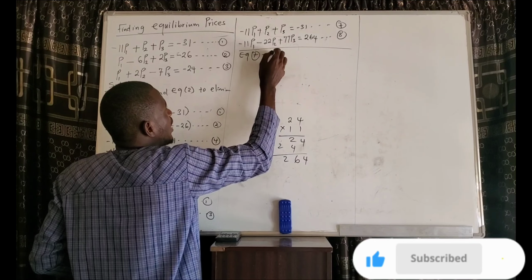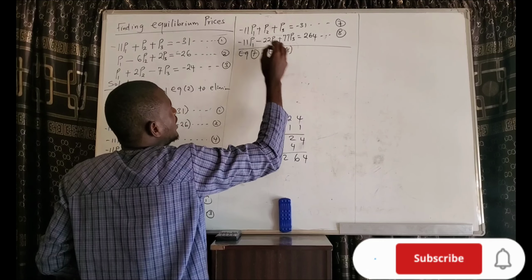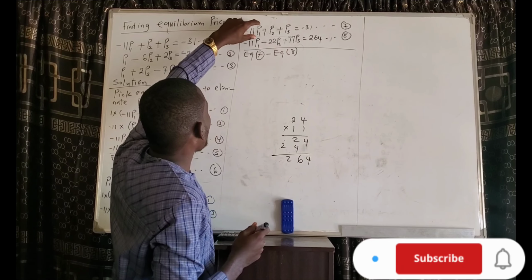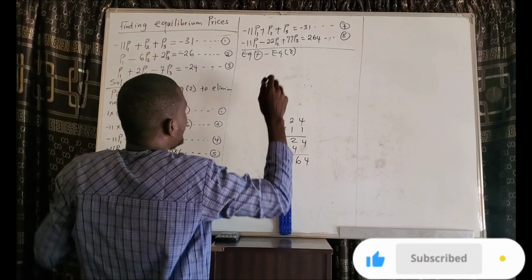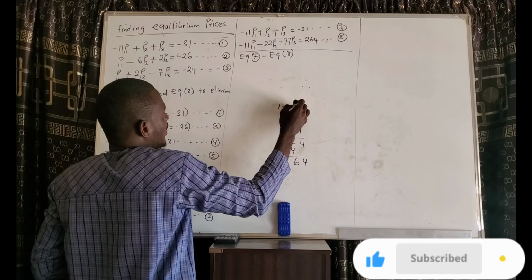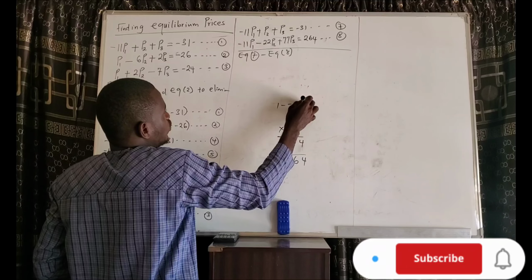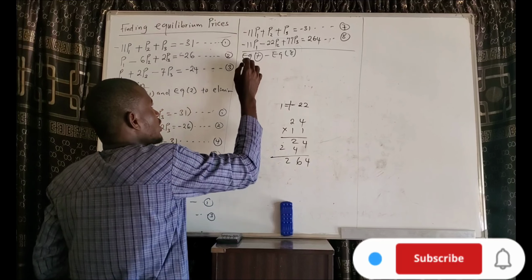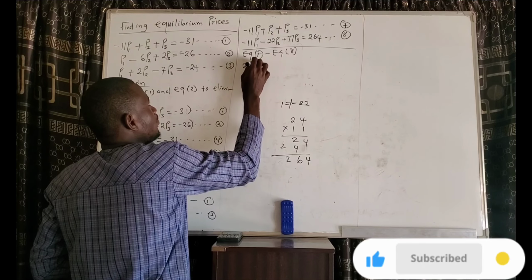So subtract. We say that equation 7 minus equation 8. So by so doing, this one will be equal to 0. Then we have 1 here minus 22, which becomes positive. This will give us 23p2.